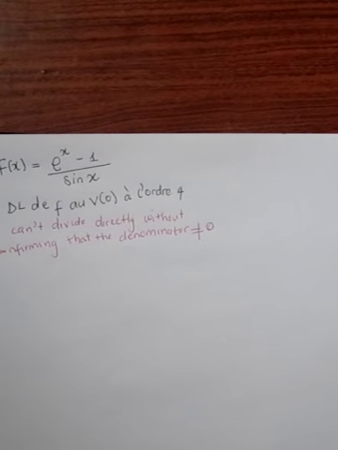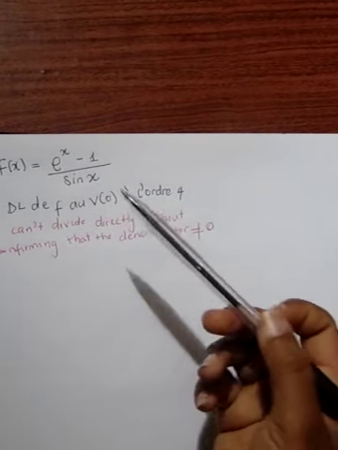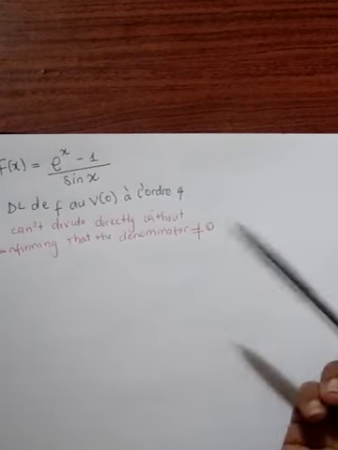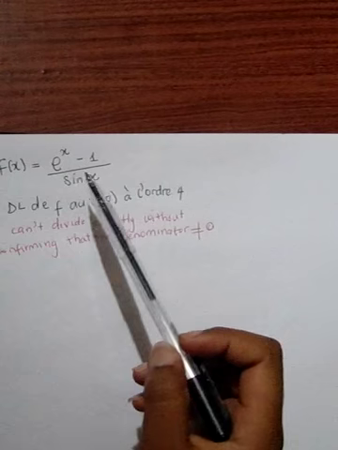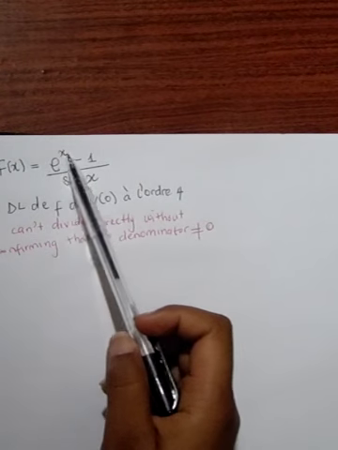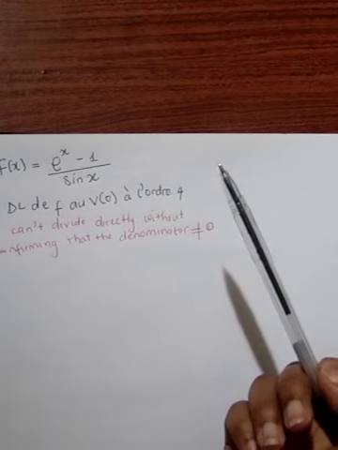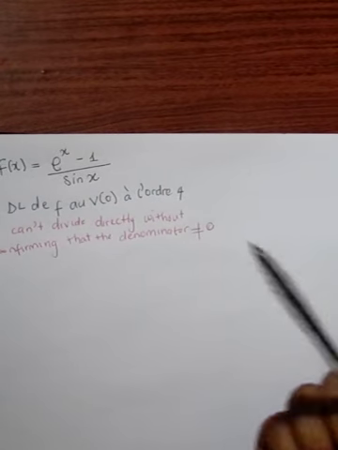So, for us to be able to carry out this DL of this function, we know the DL of exponential x, we know the DL of sinus x. So we can start from there and then we see where it takes us.